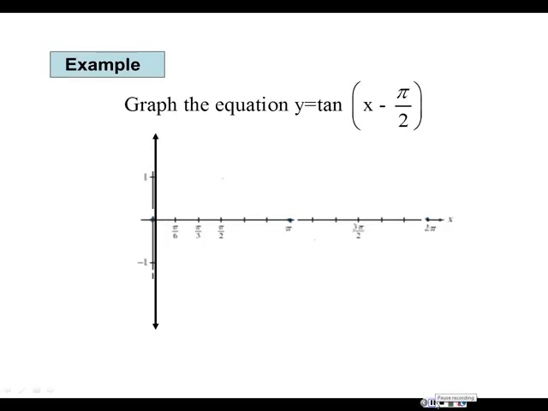So okay, what are the asymptotes? 0 and pi, right? Everyone has the same answer? So 2 asymptotes, one is 0 and another one is pi. Now, once you have 0 and pi, what will be the midpoint?